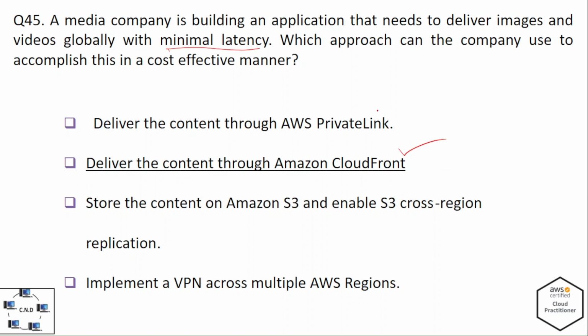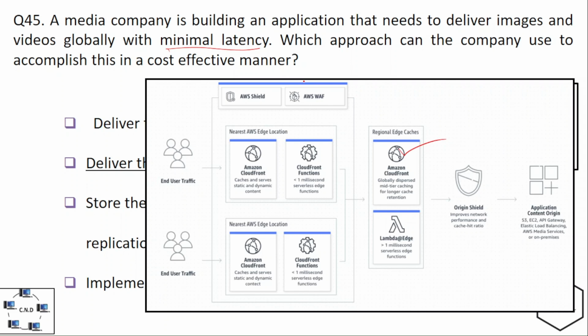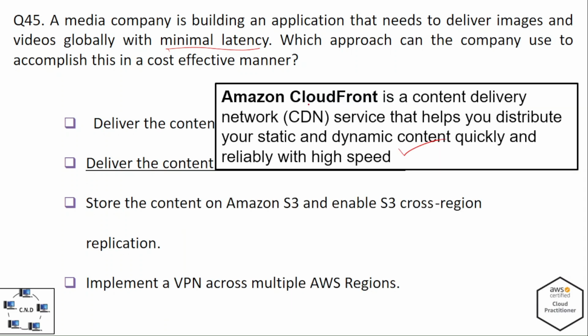This will give us minimal latency and optimal performance for the videos and images used by the user. Amazon CloudFront is a content delivery network, that is a CDN service, that helps you distribute your static and dynamic content quickly and reliably with high speed.